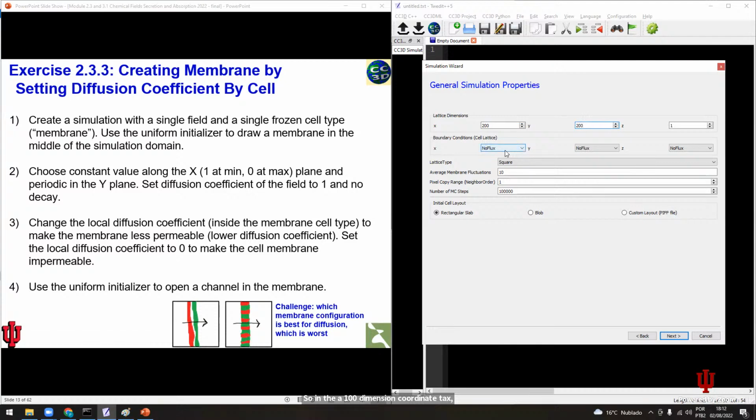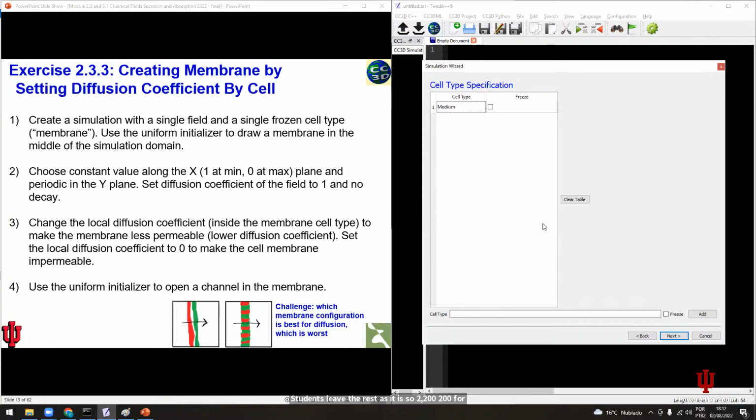Also remember that you can get the done exercise in the student materials. Okay. Leave the rest as it is. So 200 200 for lattice dimension.